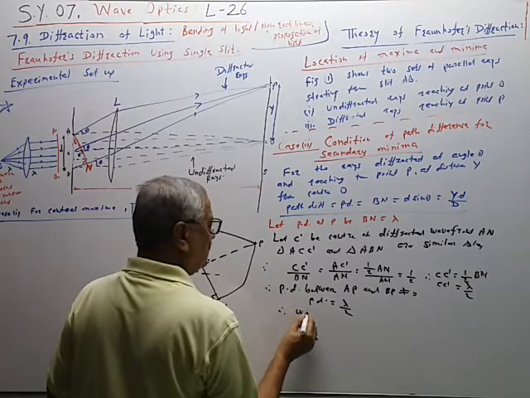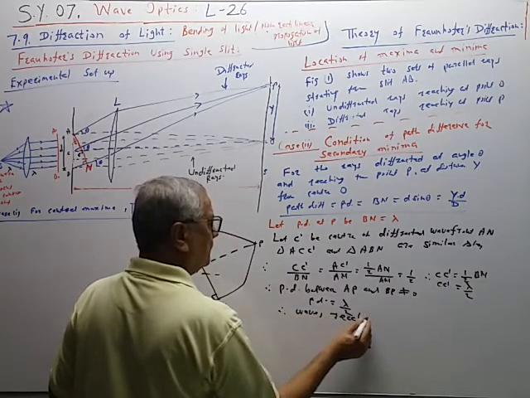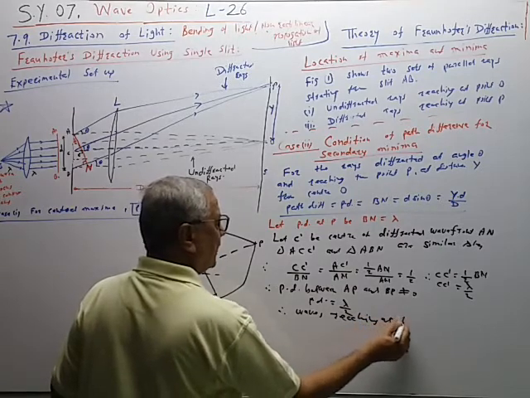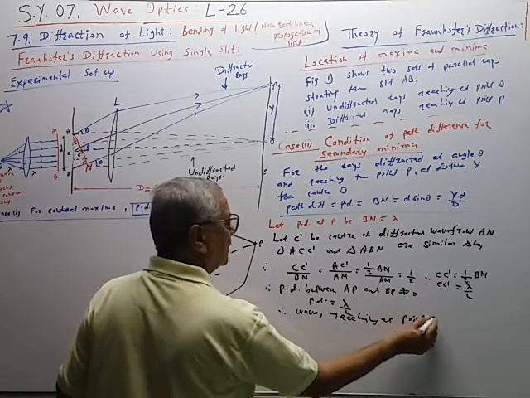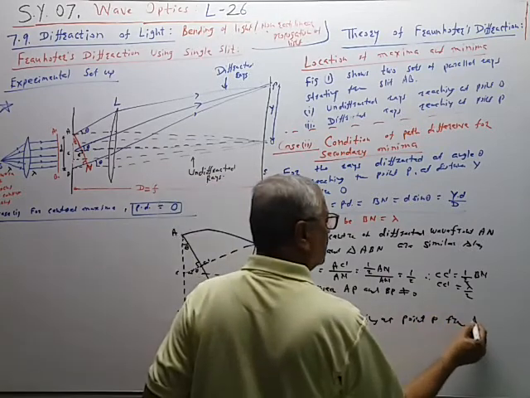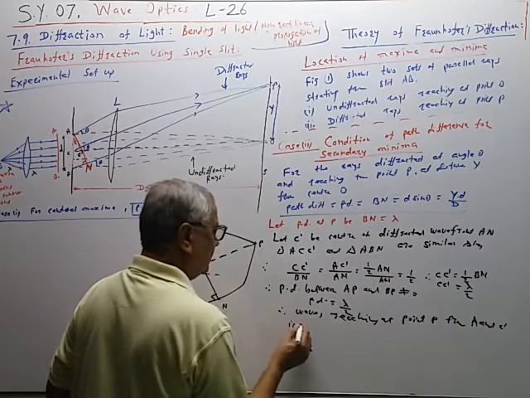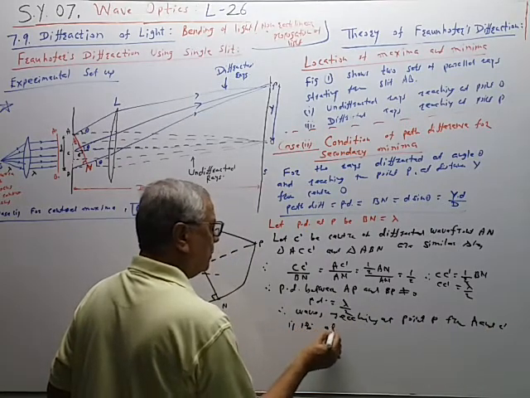Therefore, waves are reaching at point P from A and C dash with 180 degree phase difference.